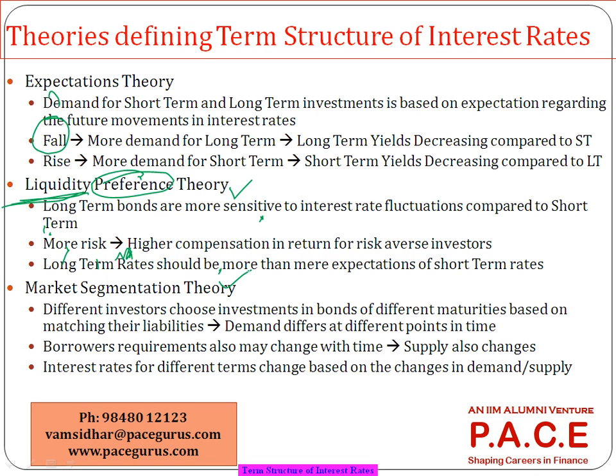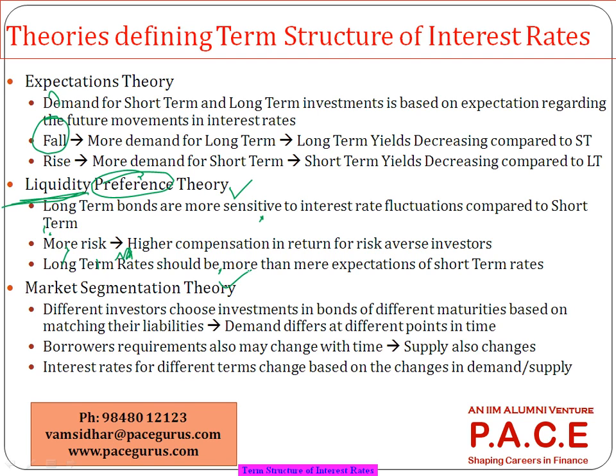Because at some point there may be a lot of investment by pension funds, whereas at some point in time there is a lot of investment done by the banks. So depending on who are the major participants in the investment market, there will be a difference associated with the long term versus the short term kind of investments.